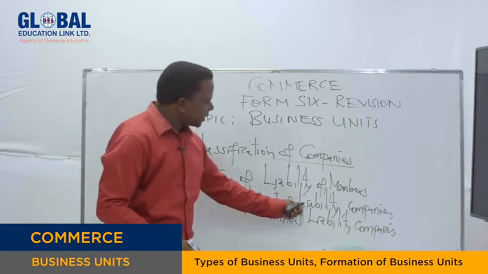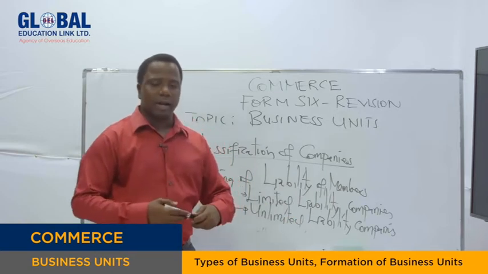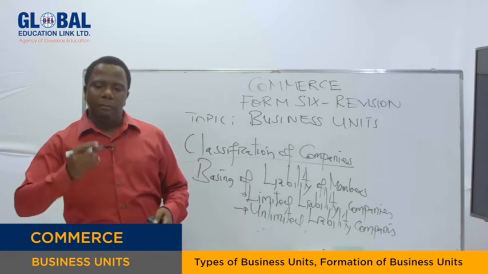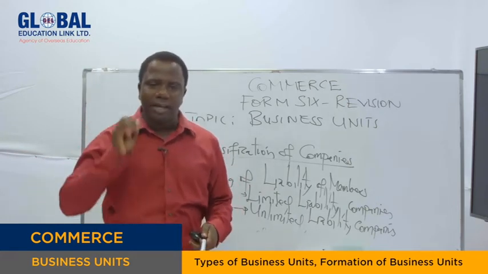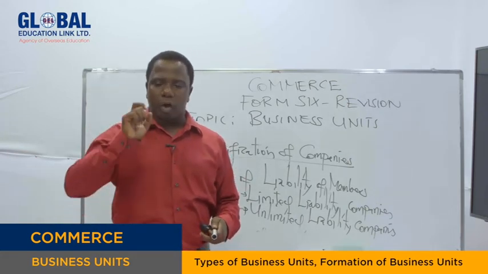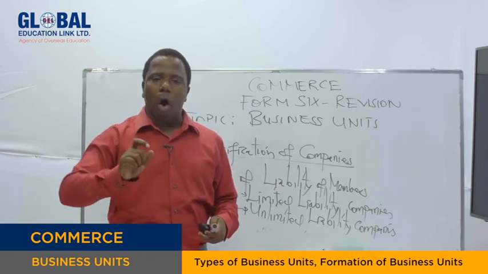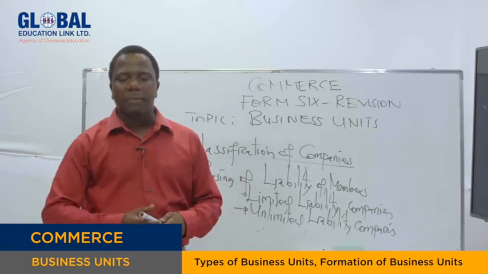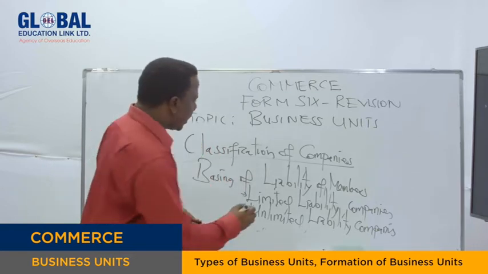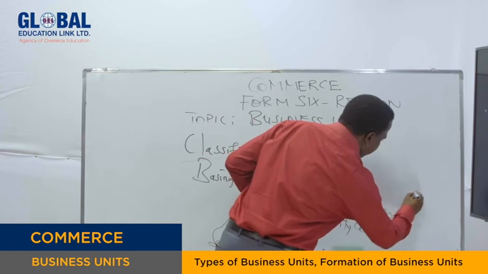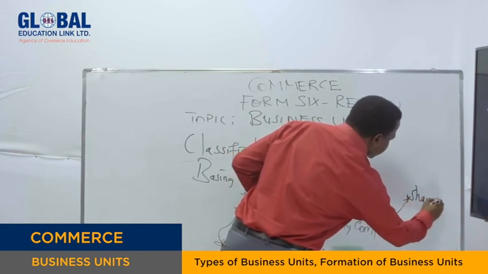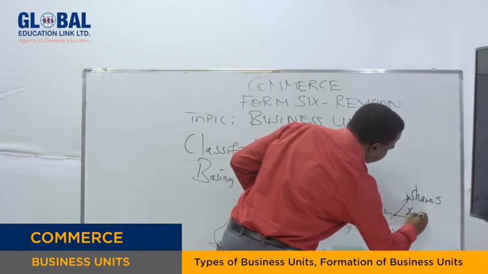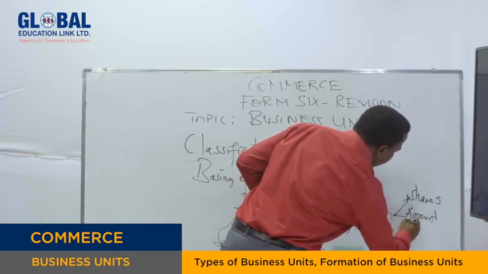So under these limited liability companies, we mean that liability of members is limited to the amount of shares owned by them in that company or the amount of capital guaranteed. So either we have shares owned by these members or the amount guaranteed.